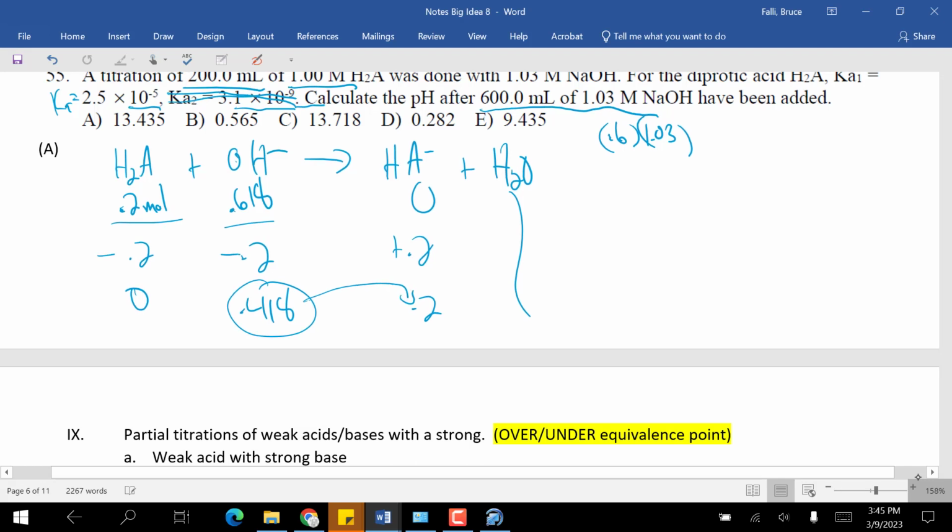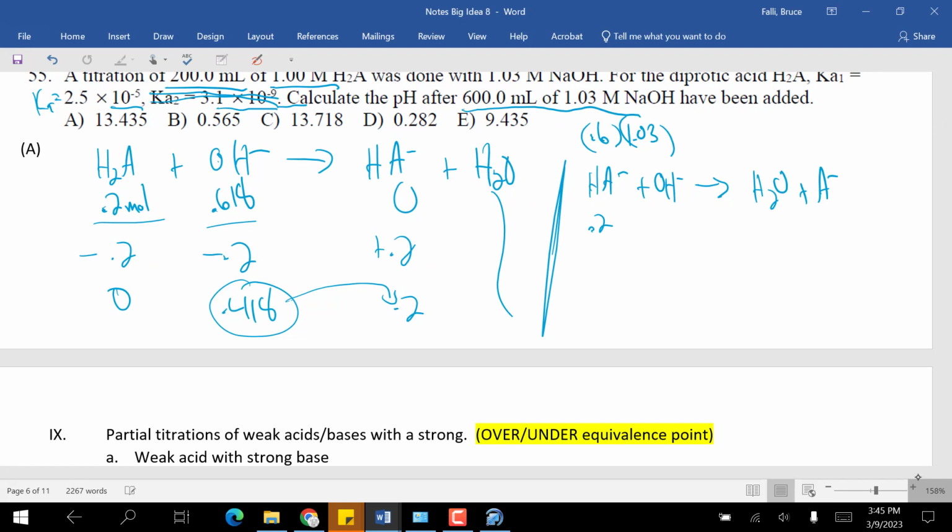HA negative plus OH negative is going to give me H2O plus A negative. My HA negative is 0.2, my hydroxide is 0.418, and this is 0. So I lose as much as I can, minus 0.2 again, plus 0.2. So I get 0, I get 0.218, and I get 0.2.